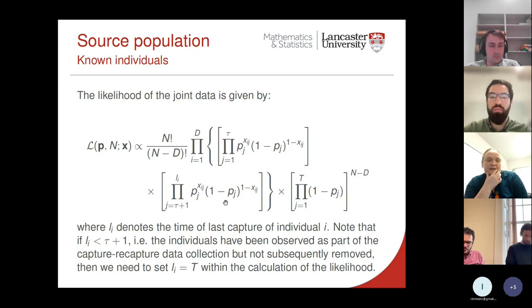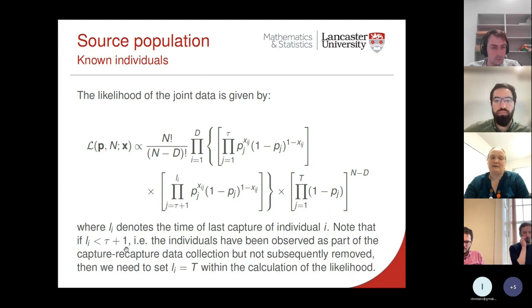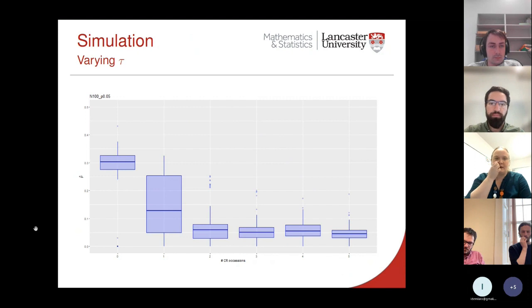But the issue is that when we remove an individual, so if we have the last sighting being less than TOR plus 1, we need to make sure that we don't have any subsequent contribution within the likelihood term. So we've presented it in this way because we need to have that clause when we program it. So yes, it's possible to construct this joint likelihood.